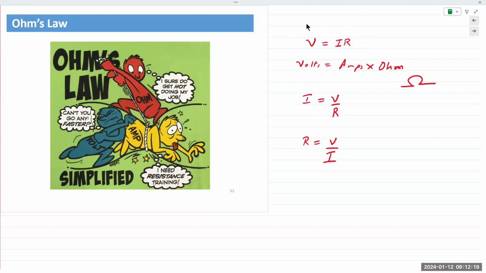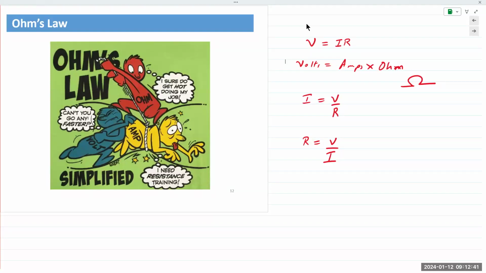Over decades, lots of research has been done, and lots of people have come up with their own methods to solve different kinds of circuits. We will learn about some of these methods as we go along. But this is the most fundamental equation in electrical engineering to solve for unknown quantities in an electrical circuit.